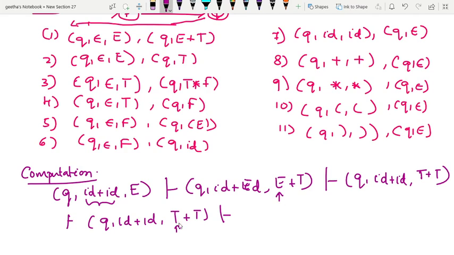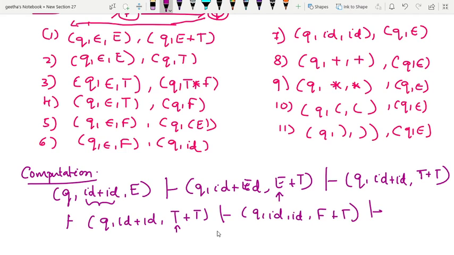This one, because finally this portion should become ID, and there is only one plus here, so whatever comes before plus needs to be ID. So the good selection for T is T gives F. T will be replaced by F, F plus T. You can look at the rule and do the same thing.